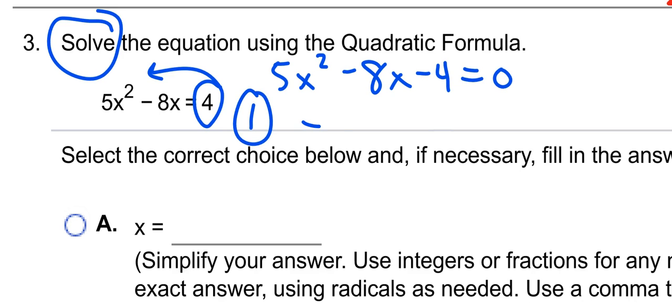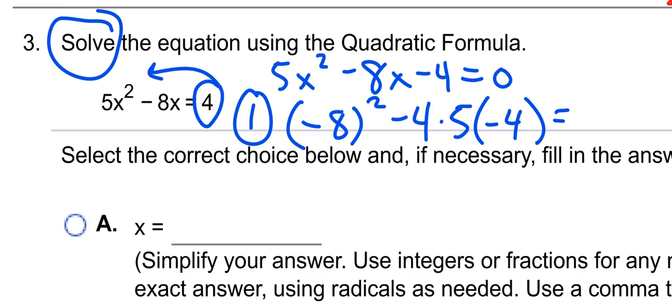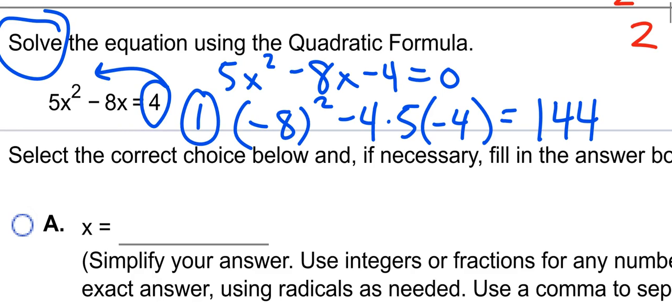So step number 1, negative 8, quantity squared, minus 4 times 5 times negative 4. What did we get as a discriminant? 144. 144. Okay, if we're not getting that, I need to know so I can help you fix that problem right there.